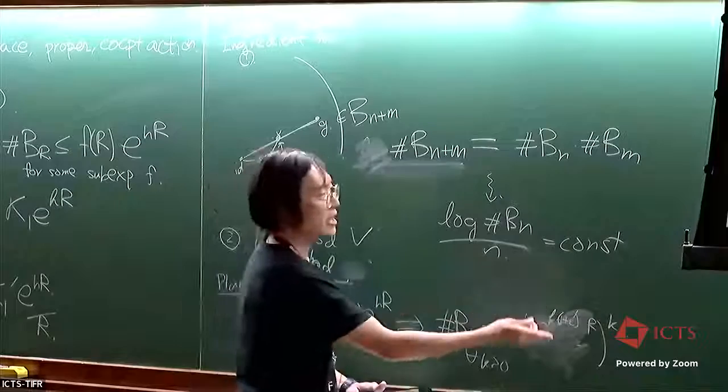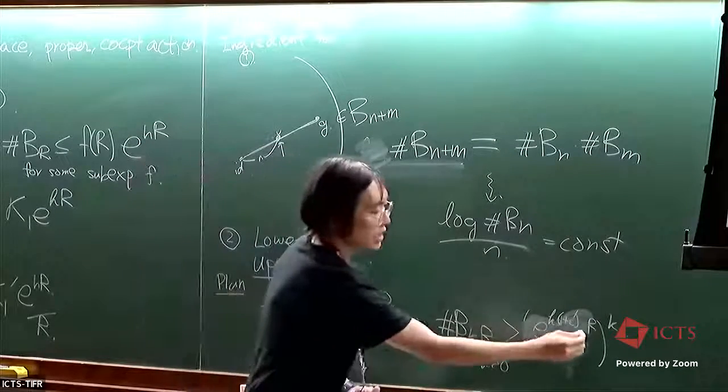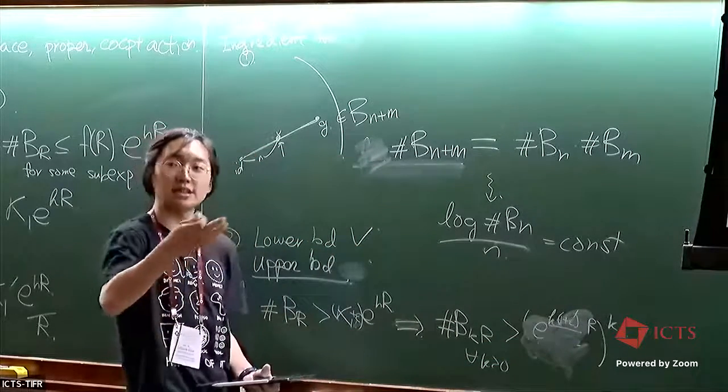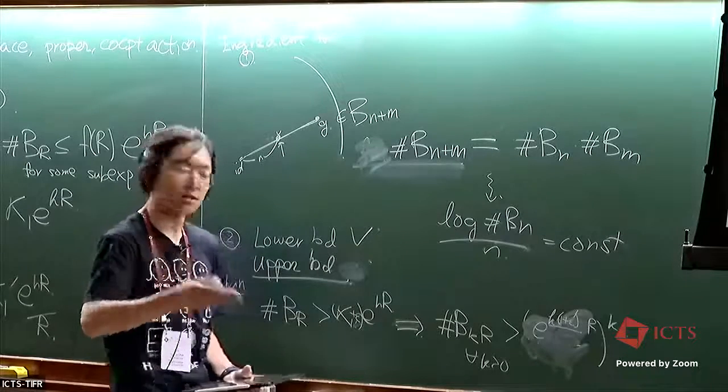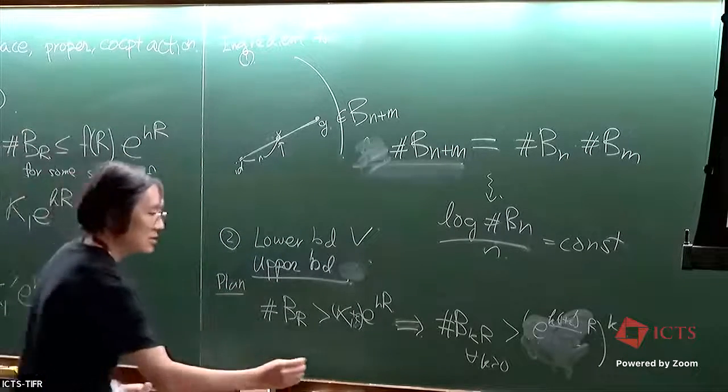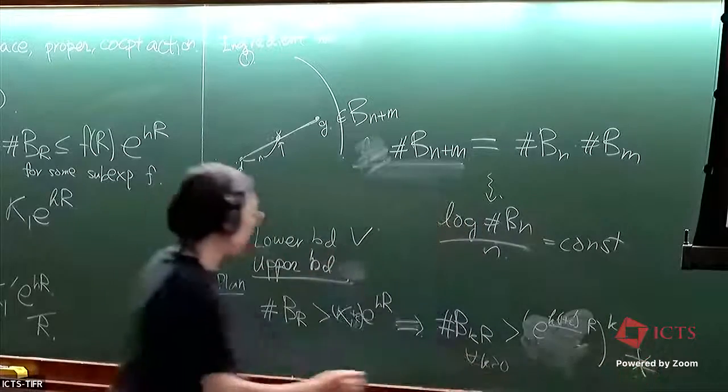So at the end, you should get the limit h, but you will actually get h plus something, which is the contradiction. So this is the plan of the proof.